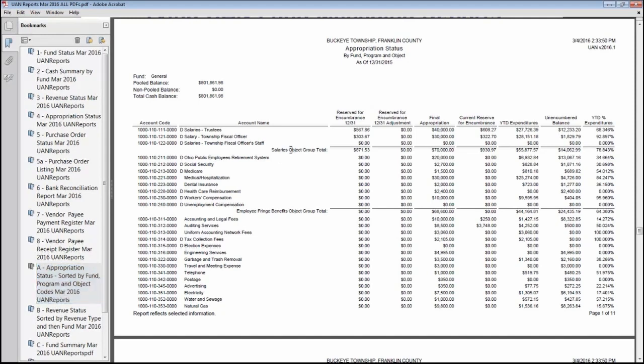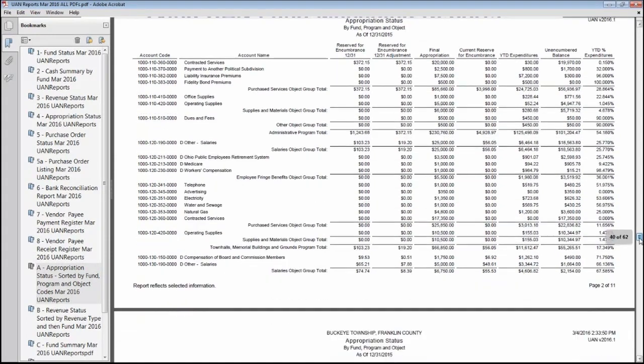So now I have a tying entry when run year to date with the statement information from the AFR, or annual financial report, for salaries, employee fringe benefits, supplies and materials, purchase services. You'll see these same groupings on the financial statements.